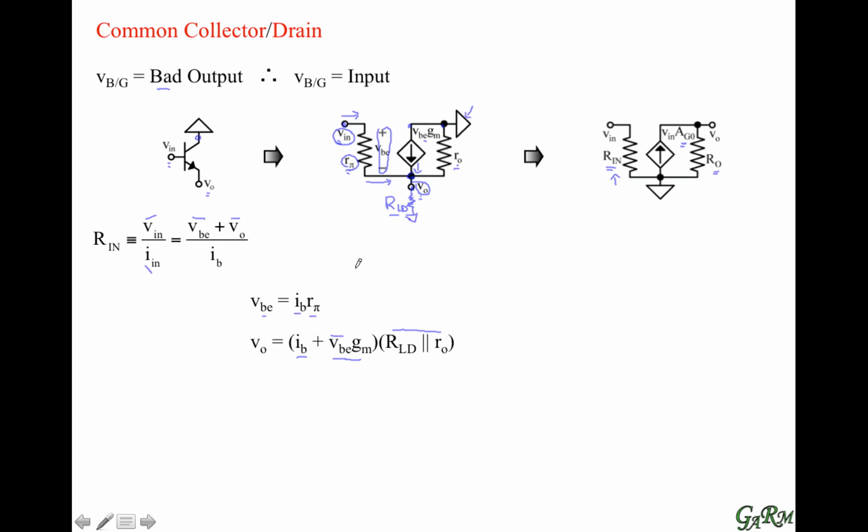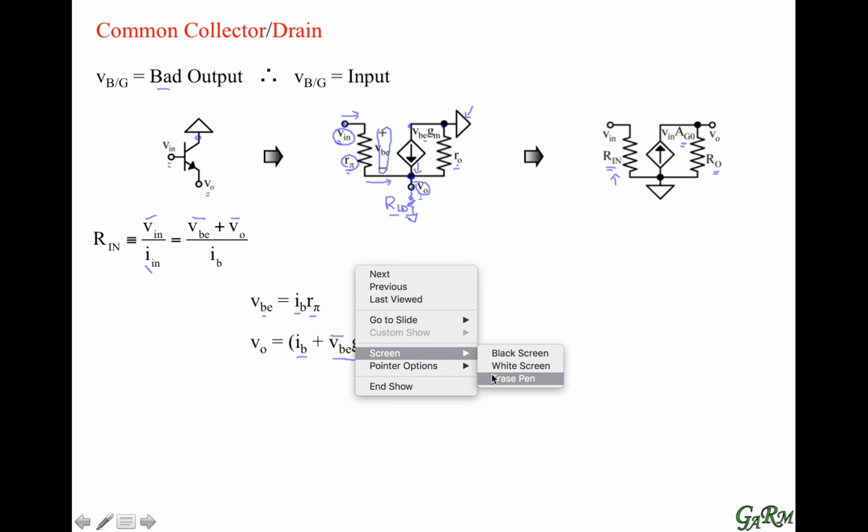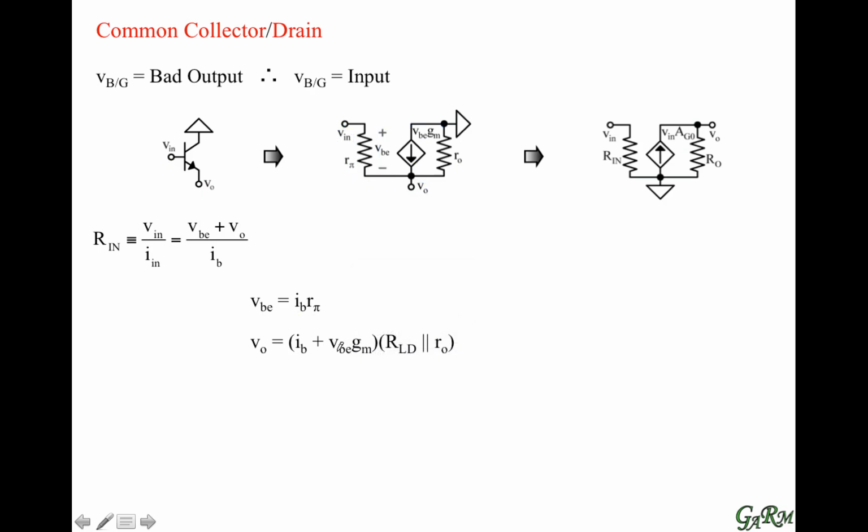Now, if we remove all the markers here, we can make an observation. First, we know that the base emitter voltage is now basically the base current times R pi. So when we look at the numerator here, we have a base emitter voltage which has a base current, and we have an output voltage whose every term also has a base current.